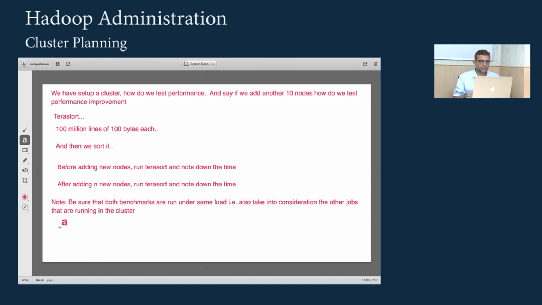So this concept is called benchmarking your cluster, and the name of this benchmark is TeraSort. That's very popular.